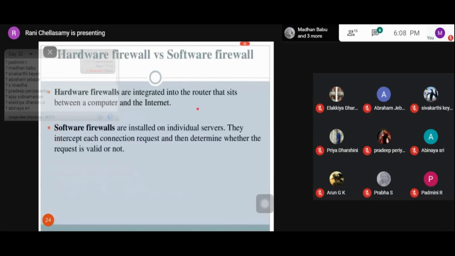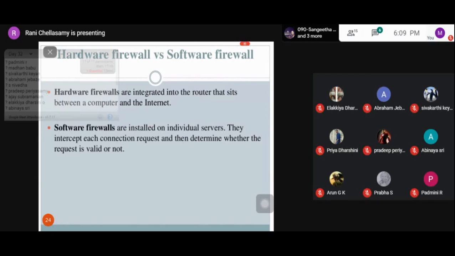The hardware firewall is integrated into the router that sits between the computer and the internet, and software firewalls are installed on the individual servers or clients. So this software firewall will be installed on the computers.